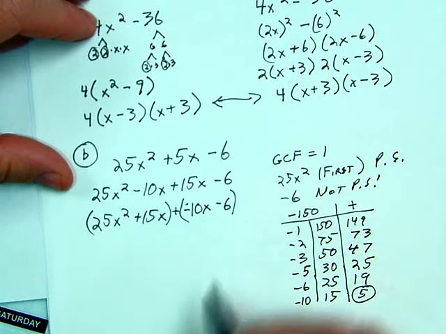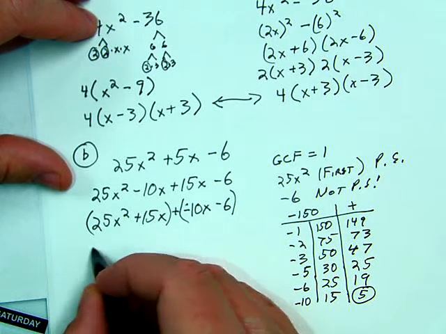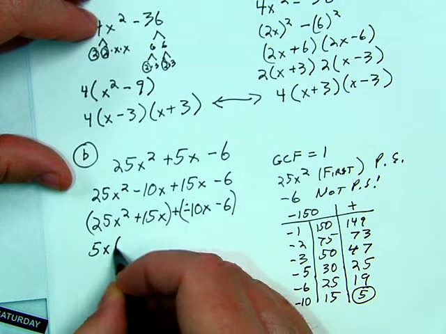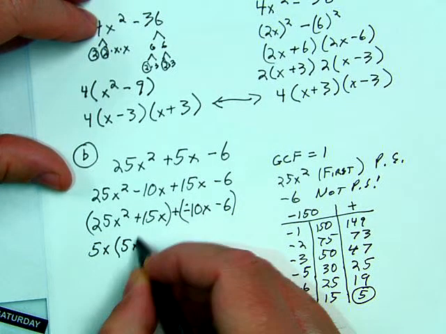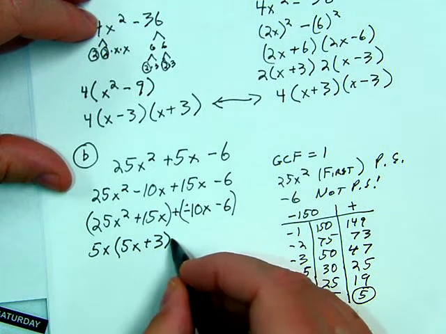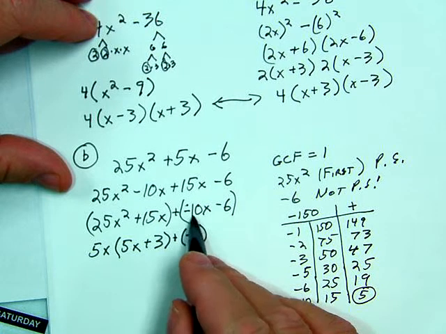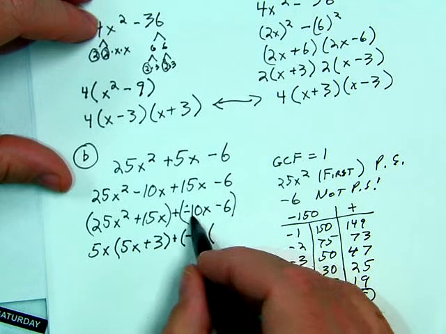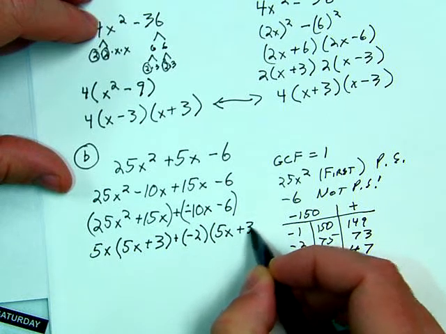And when I group, I want to pull a, let's say, a 5 and an x out of this guy. That leaves me with 5x plus 3. And over here, on the second one, I'm going to pull out a negative 2. Okay, so negative 2 out of that gives me positive 5x plus 3.